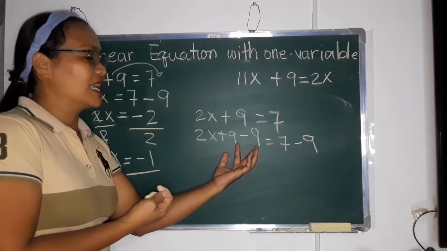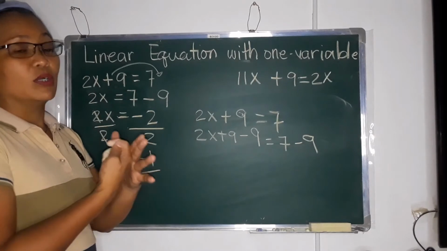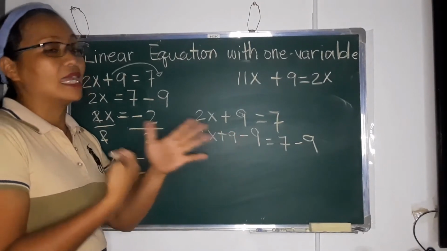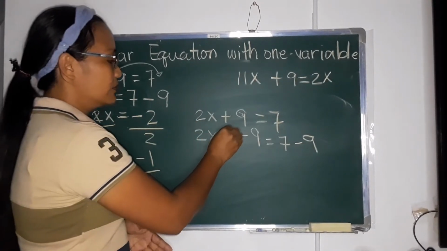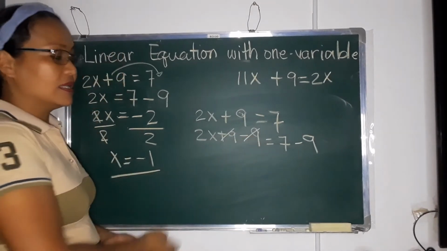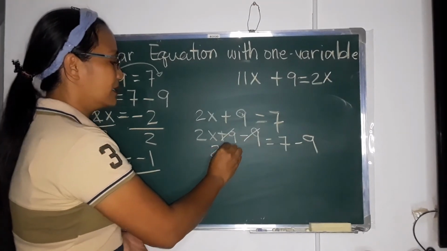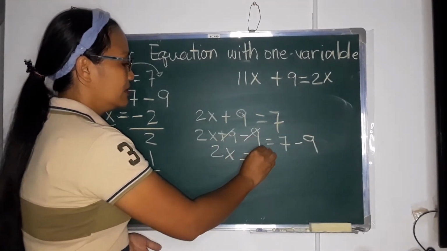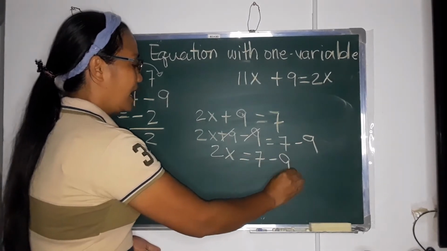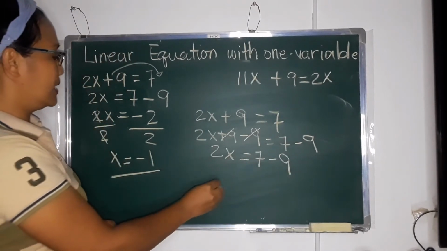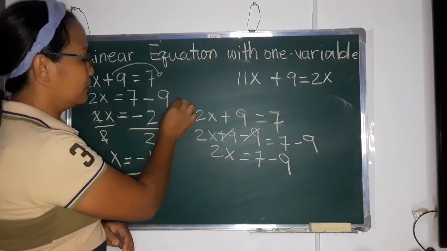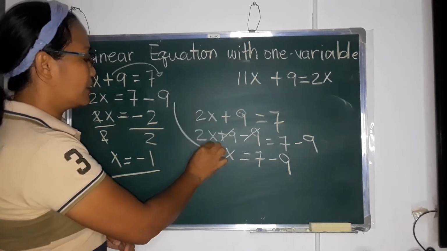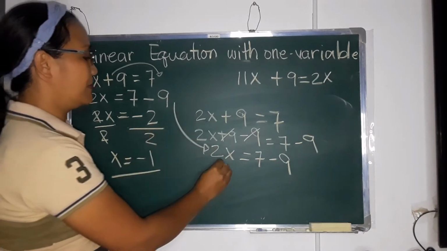Since they have the same number, we're going to subtract 9 minus 9 is 0. So these two will be cancelled already. So we have 2x is equal to 7 minus 9. So if you notice, they are the same already with this. So if we continue this one, we have the same answer.